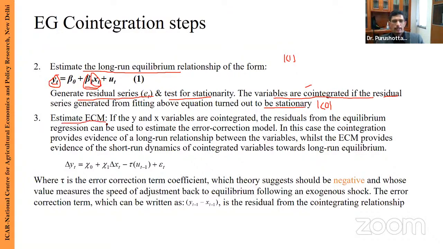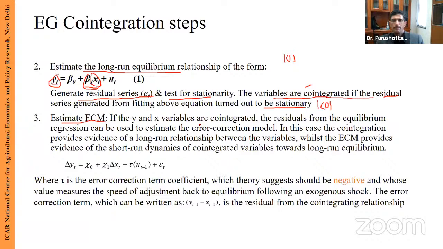Then estimate error correction model. Error correction model, as the name says, shows whether whatever error or shock in the series is corrected, and to what extent and time it comes to an equilibrium.